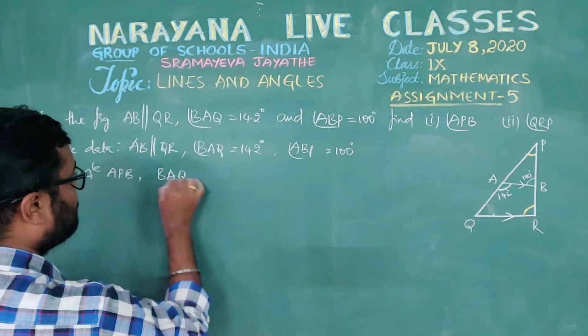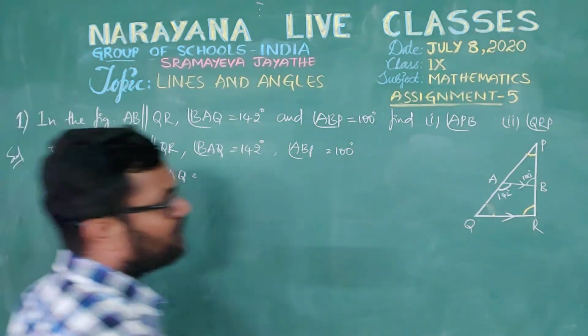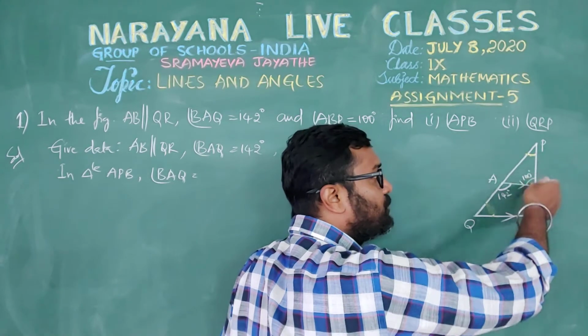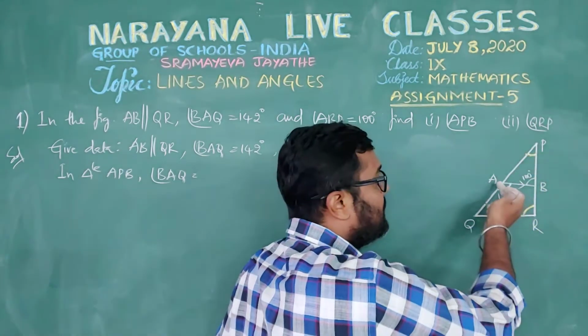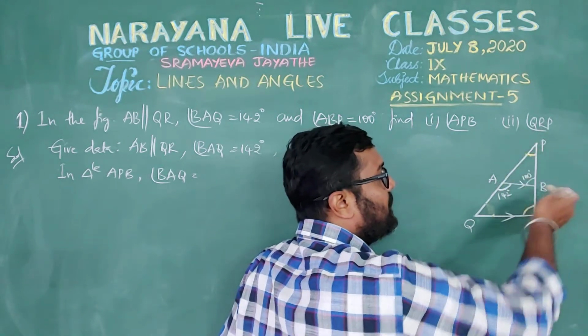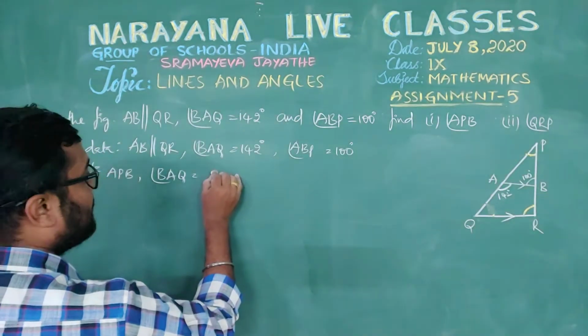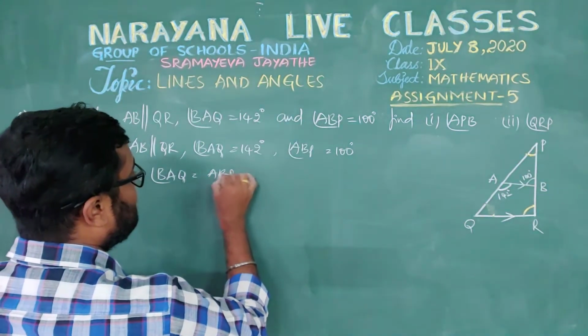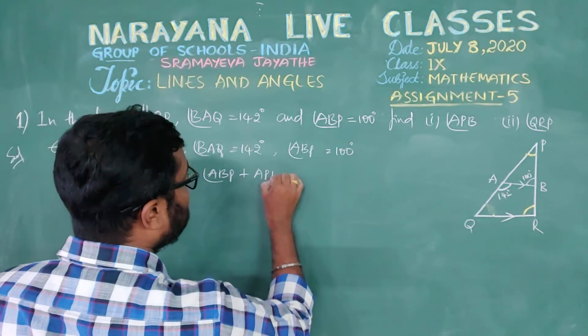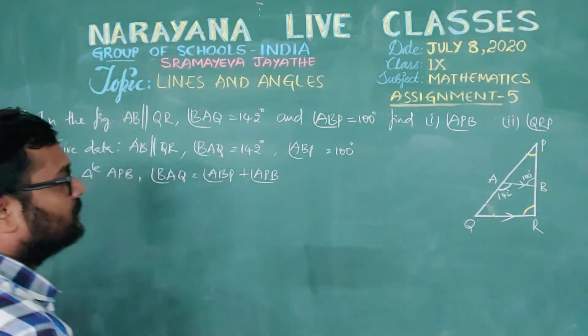Angle BAQ is equal to the sum of the interior opposite angles, that is angle ABP plus angle APB.